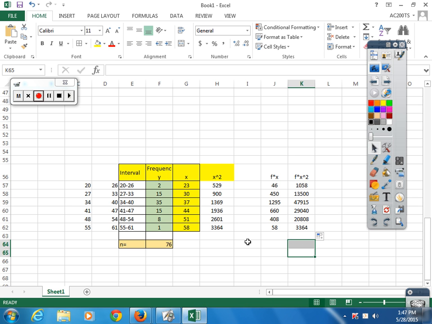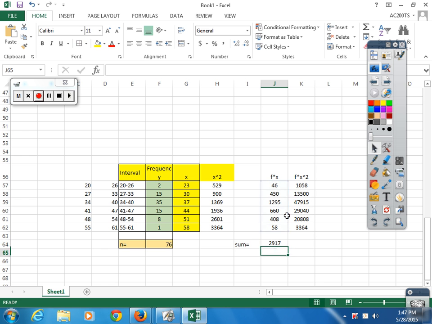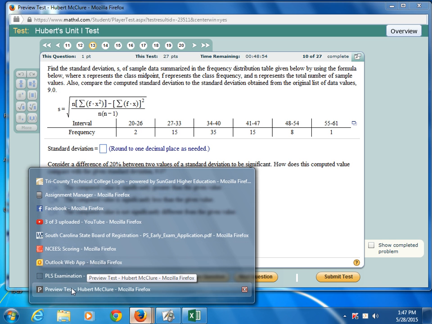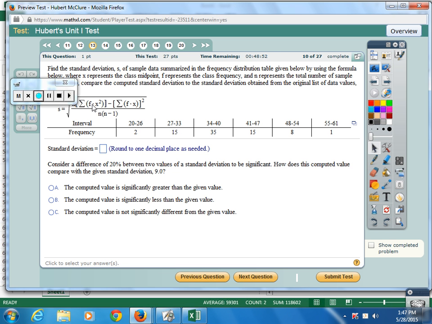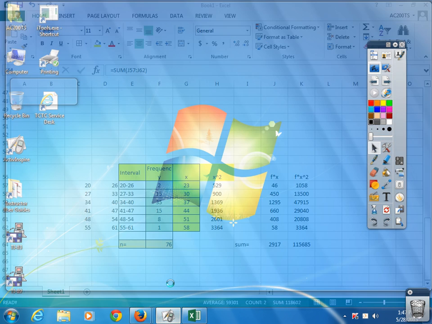Now what do we do to these two guys? Add them up, Hubert. That's right, class, because you're reading your what? What are you looking at while you're doing this problem? The formula, and the formula tells you summation of f times x squared, summation of f times x, quantity squared, over n times n minus 1.